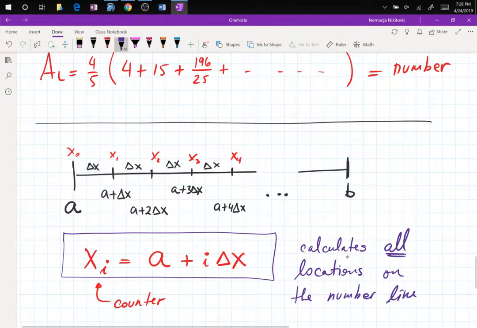So do you actually have to have every single partition? Maybe I am interested only in partition 7. Great. i equals 7, and you can compute A plus 7 times delta x. And you immediately have all the way there, right?